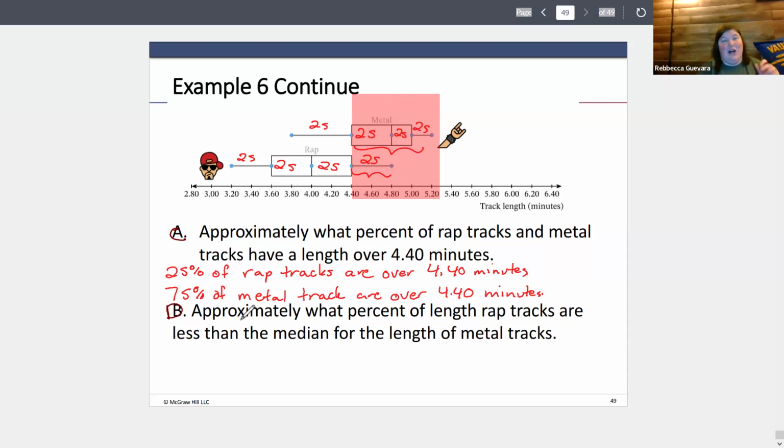Approximately what percent of the length of rap tracks are less than the median for the length of metal tracks? So we want the median of metal, which is here. So if we look at that, we can see that pretty much all of rap is going to have track lengths that are less than the median for metal.